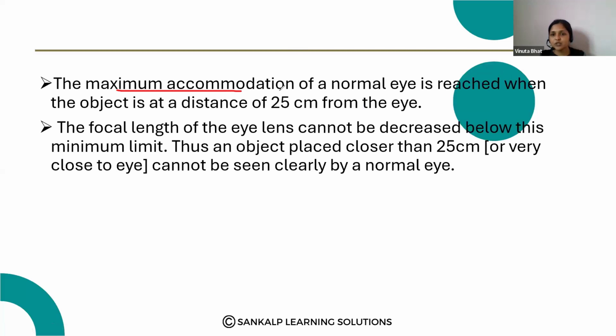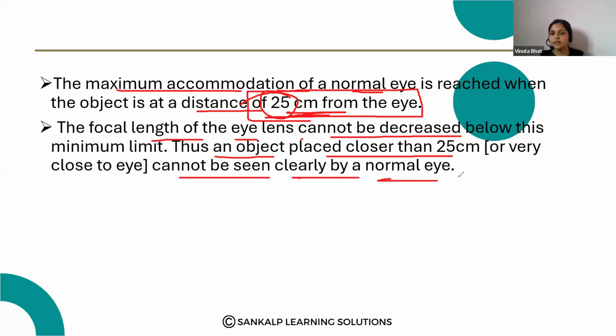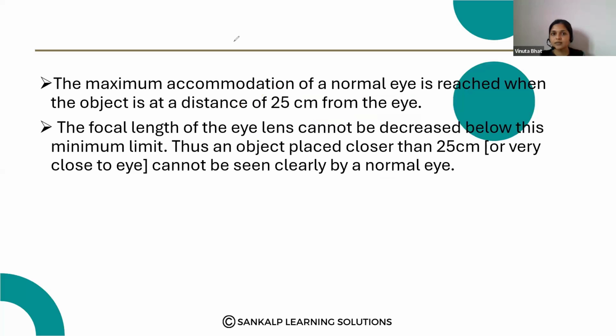The maximum accommodation of normal eye is reached when the object is at a distance of 25 centimeter from the eye, and the focal length of the eye lens cannot be decreased below this minimum limit. Thus the object placed closer than the 25 centimeter cannot be seen clearly in a normal eye. Okay, so that is the correct answer. Please note down the answer.